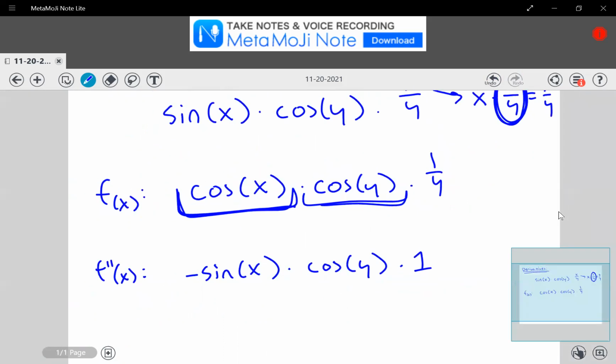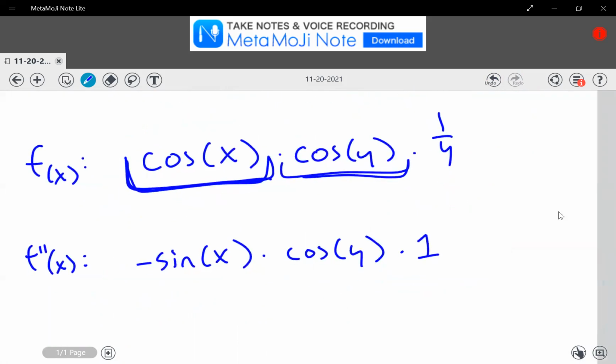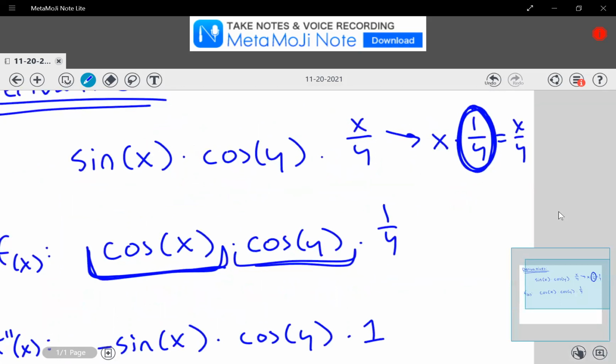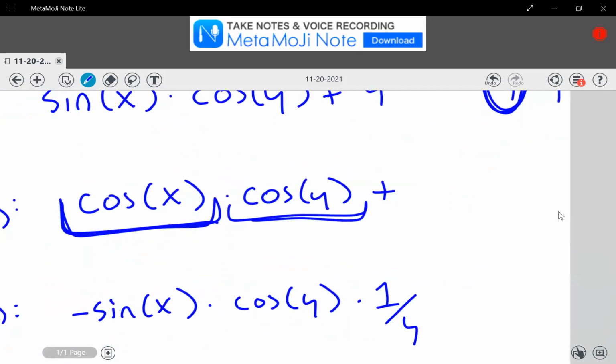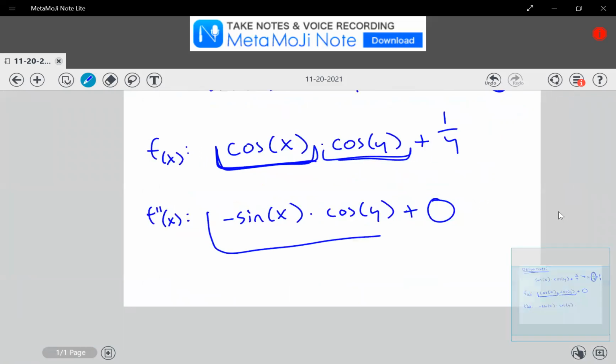And let me just check my, oh, it's plus, it said plus. Sorry, this is plus. That's why it becomes 0, sorry. Otherwise, this here would be 1 over y, my bad. But because it's plus, that goes to 1 over y for the first derivative, and then it goes to 0 for the second. And you end up getting this for your second derivative.